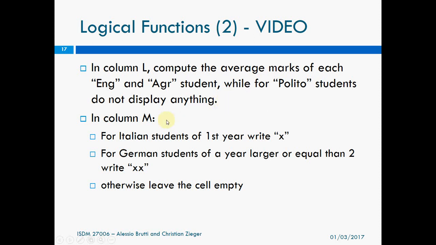The second point of this exercise is the following. We need to insert an if function so that for Italian students of first year the output is x. For German students of a year larger or equal than 2, the output is double x.